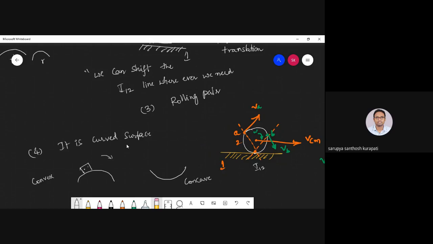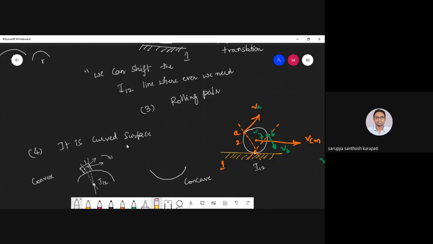So you take two reference points, and draw a perpendicular line to the direction of motion. Here the velocity vector goes like this, and here the velocity vector goes like this, at these two points. If you join these, they intersect at this particular point. So this point is I12.